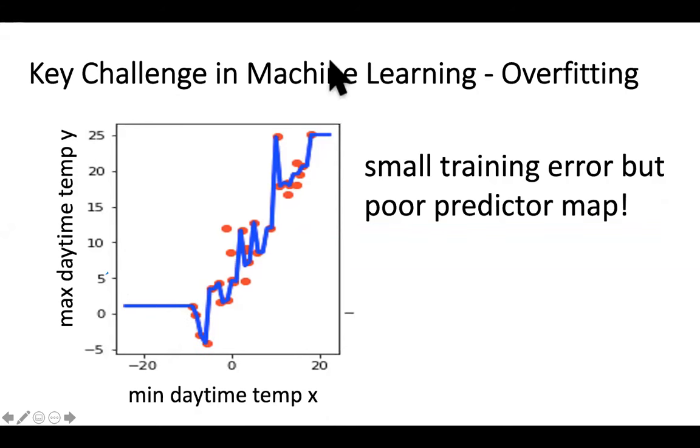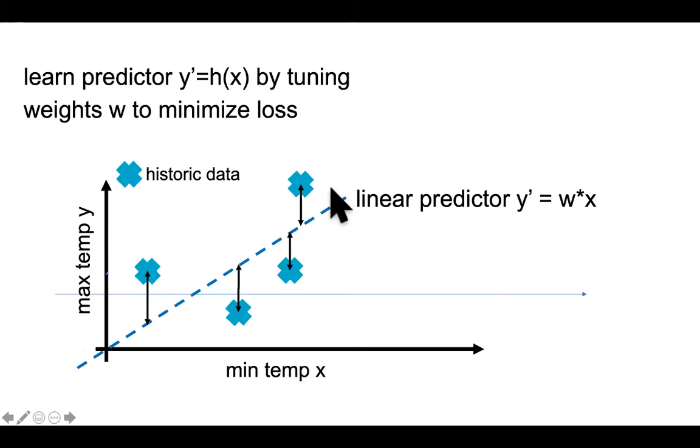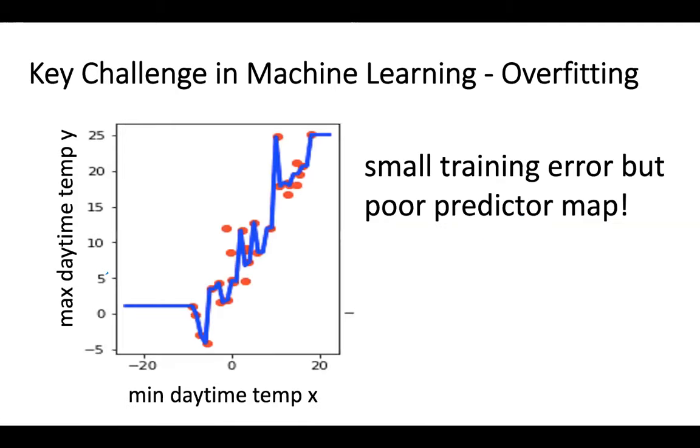And I have seen already some comments on the chat. This is because we overfit the training data. So you will hear more about overfitting in later rounds, but I just want to point out that although we have now set up a nice principle for learning a predictor, just minimize the average loss, this might fail badly in some cases.